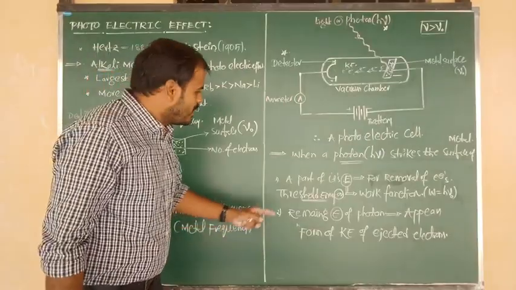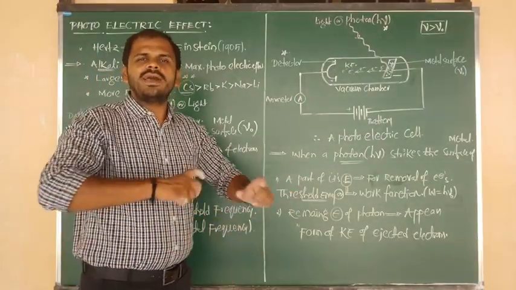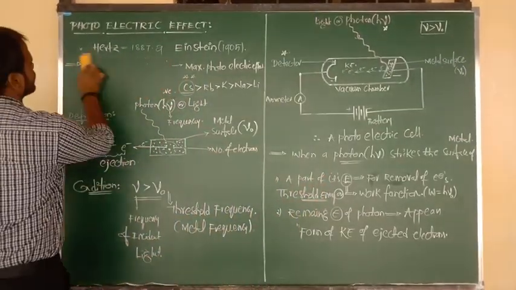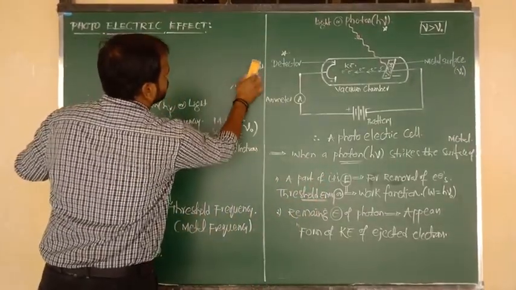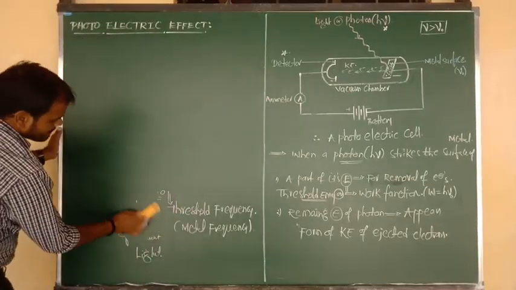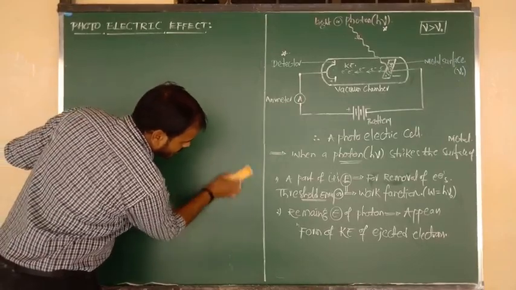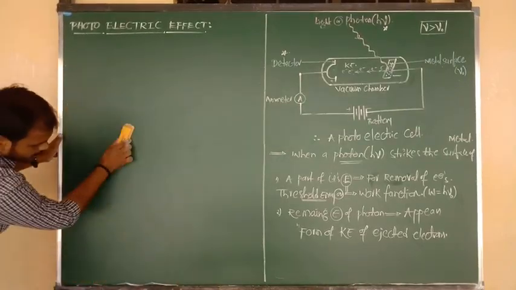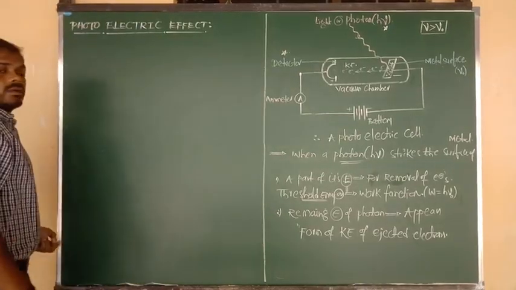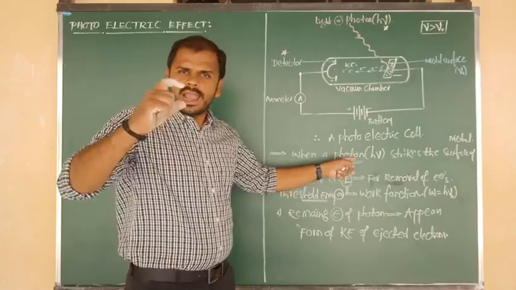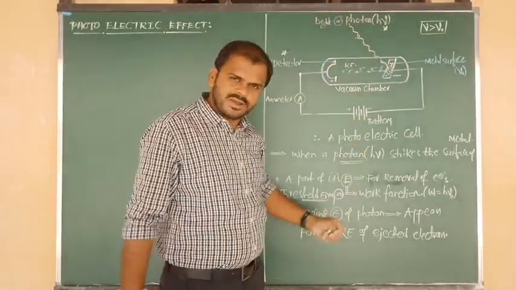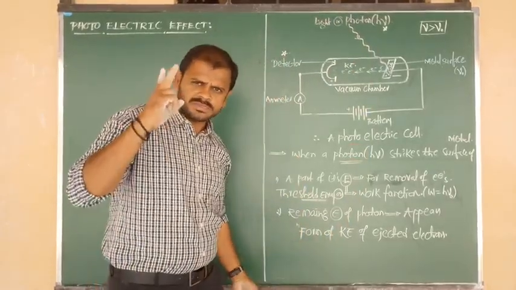Okay, ready? So based on these two observations, finally we have to write the photoelectric effect equation. So when a photon or light with suitable frequency ν strikes the surface of metal, in that case we are going to see two observations.